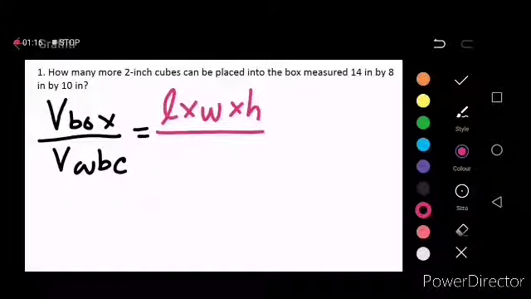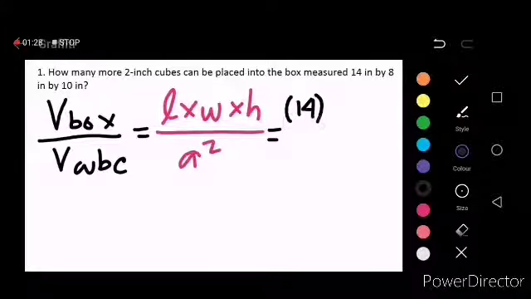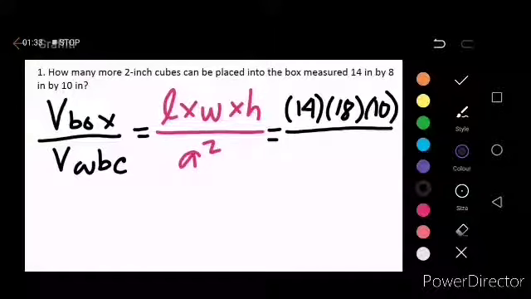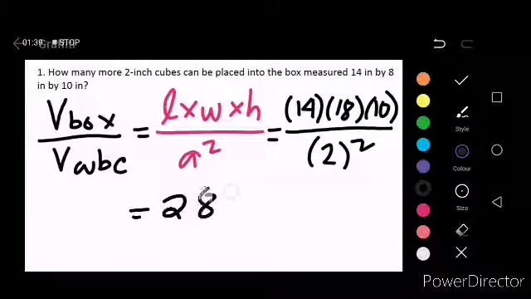While cube will have the formula a squared. Tama? A represents the side or the edges of the cube. Pahirapan pa ba natin? Simple substitution. 18 times 10 divided by 2 squared. And the answer now is 280.